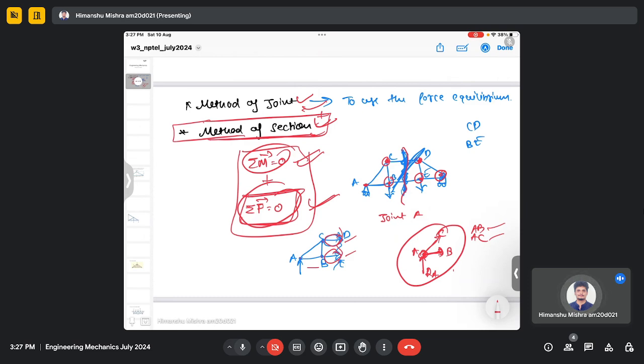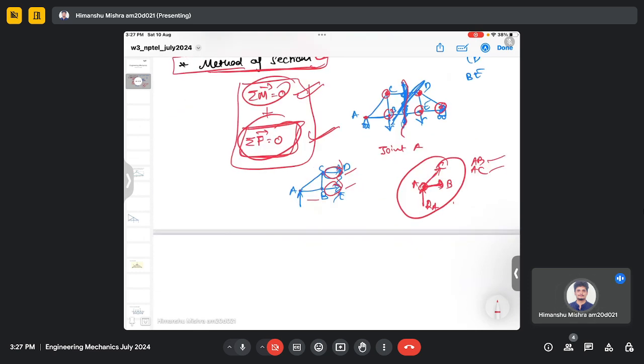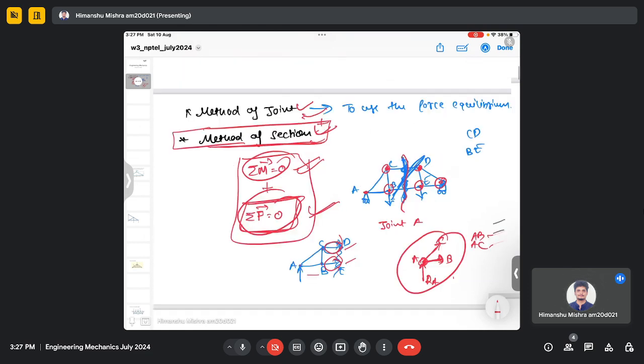But in very small trusses, when you have very few joints or very few members, you can always use the method of joints, because people are usually more familiar with this equilibrium force equation, and they find it convenient to use this force balance analysis at each joint.